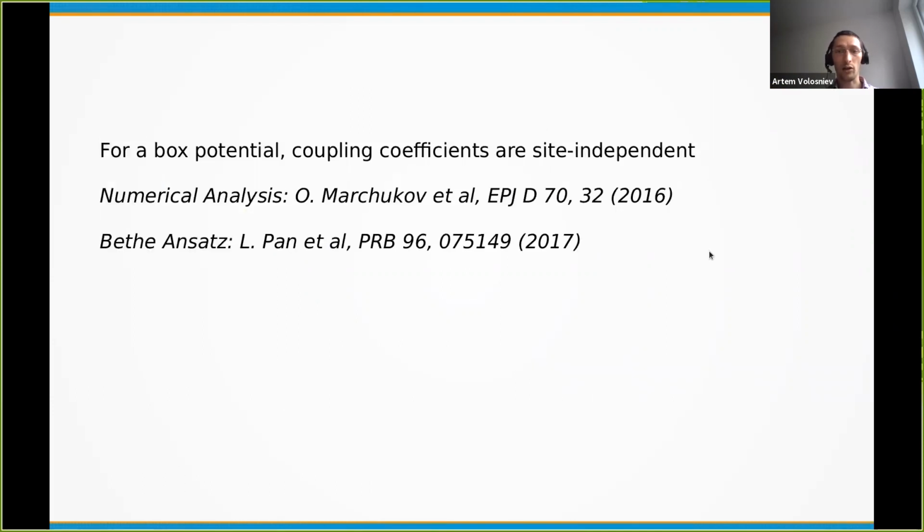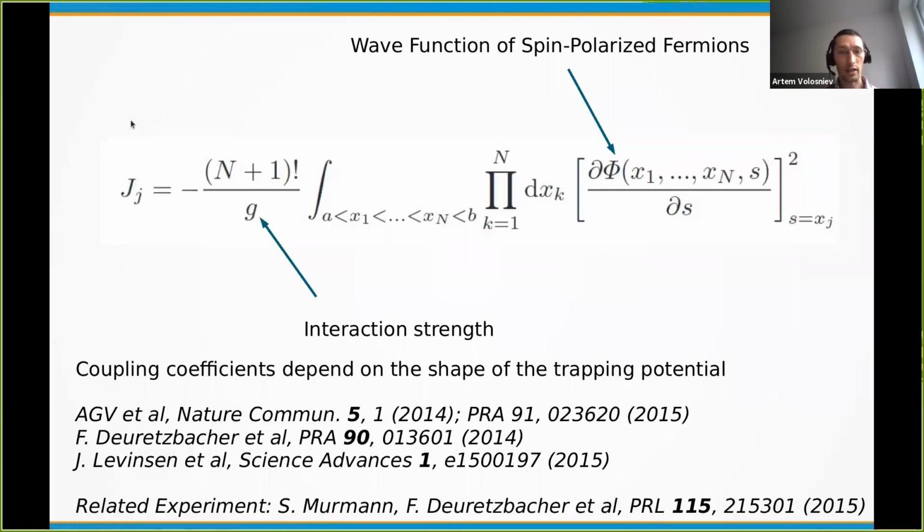Now, an interesting part that came to us a little bit as a surprise. If you have a box potential, even though the density in principle is inhomogeneous, so the wave function is inhomogeneous, the coupling coefficients are site independent. So all these J's do not depend on this small j.